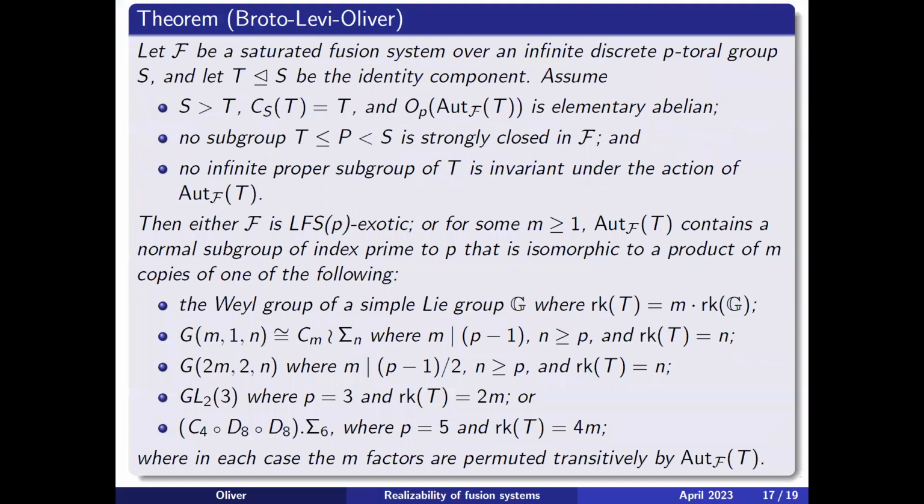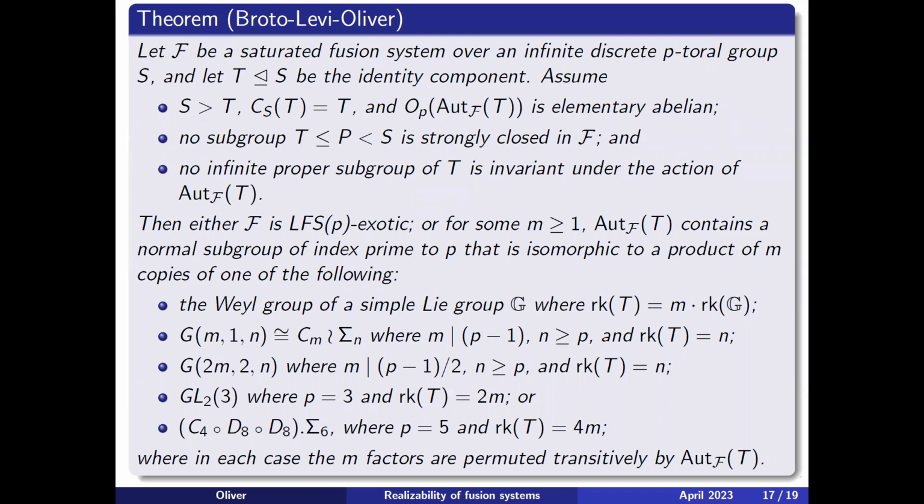And it leads to the following theorem. The first part is sort of messy, but basically the important thing is that there are a few basic conditions that need to be satisfied. And then either it's exotic or else Aut_F(T) contains a normal subgroup of index prime to p of a certain form.